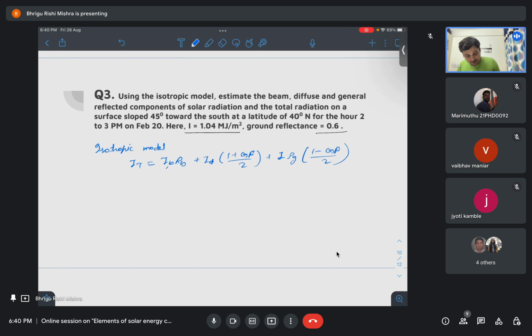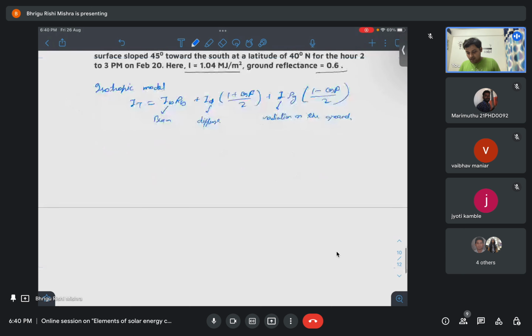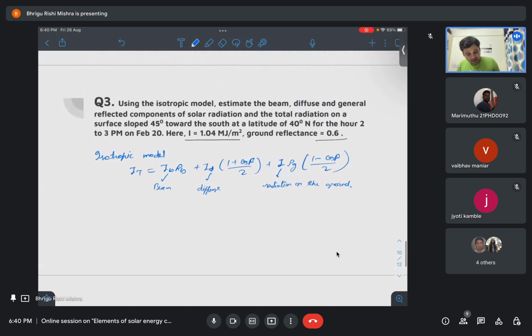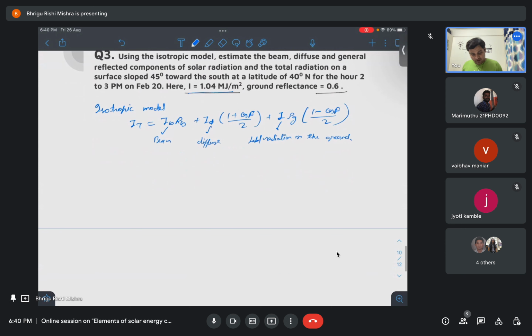So this is the beam radiation, this is diffuse, and this is the radiation from the ground. Okay, which is here given as the total radiation, 1.04 megajoule.